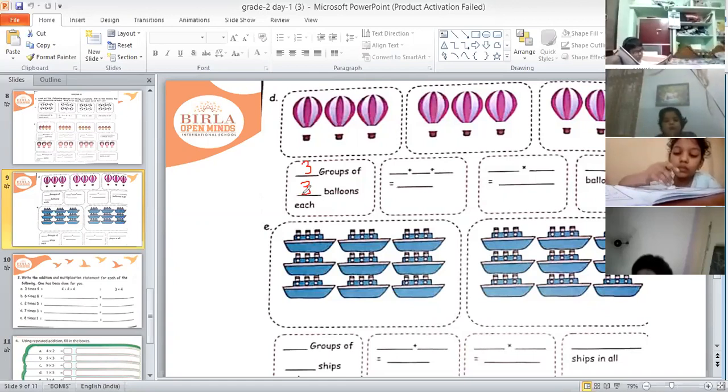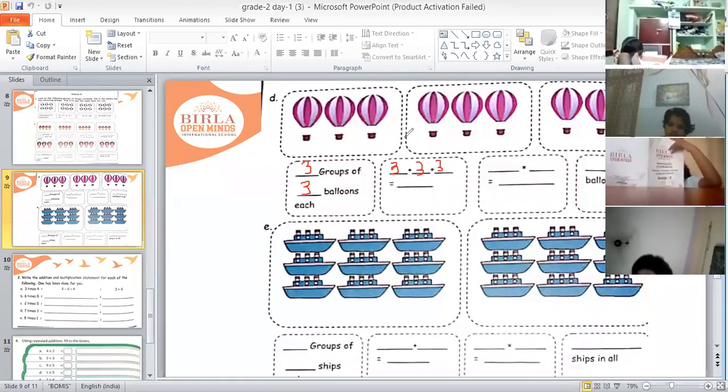Yeah, we are repeating here number 3 because in every group there are 3 balloons. So we will write here 3 in repeated addition. So we will write it as 3 plus 3 plus 3. Okay, that's correct.